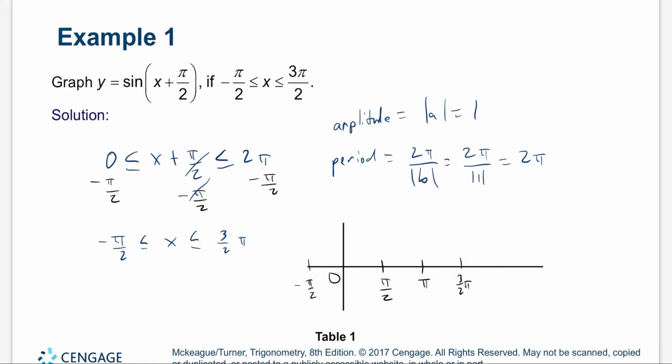So that's exactly what's going to happen. You're going to start at 0, then go up to 1, that's the amplitude, then 0, then -1, then back to 0. And that's exactly what they wanted us to graph, from negative pi over 2 to 3/2 pi. So there it is.